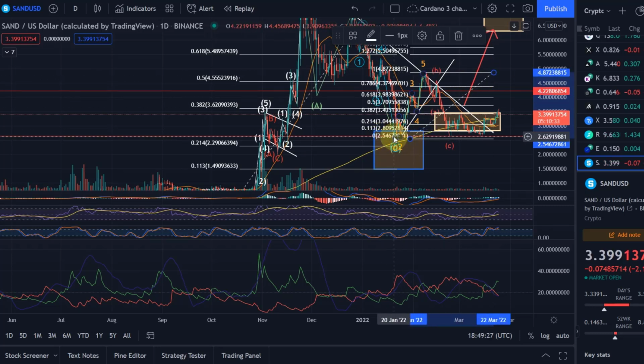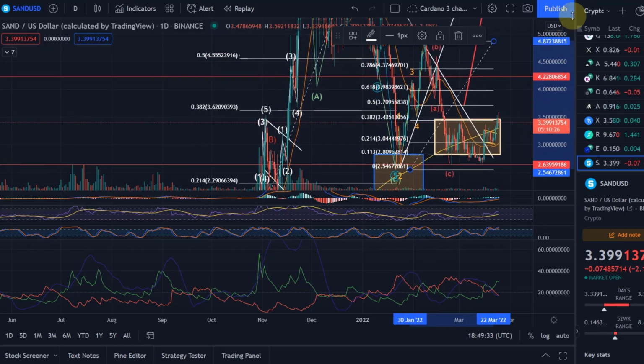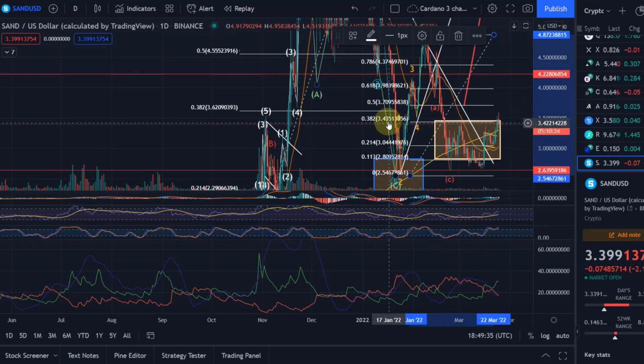Here between the 88.7% Fib level and the 61.8%, and we moved already today above that target area at 3.43, the 61.8% Fib level. At the moment we're slightly below 3.43 again, but we already went above it. We went all the way up to 3.59, 3.60.